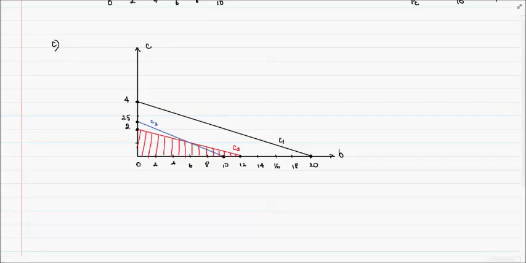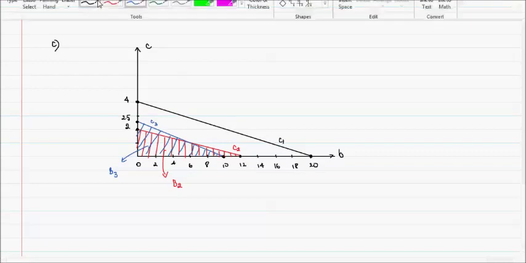And anything below C3, like we got earlier, is going to be the budget set B3, which is the light blue area over here. So as you can see, B2 and B3 are definitely inside B1. B1 is the whole area under C1. So therefore B2 and B3 are the subsets of B1.